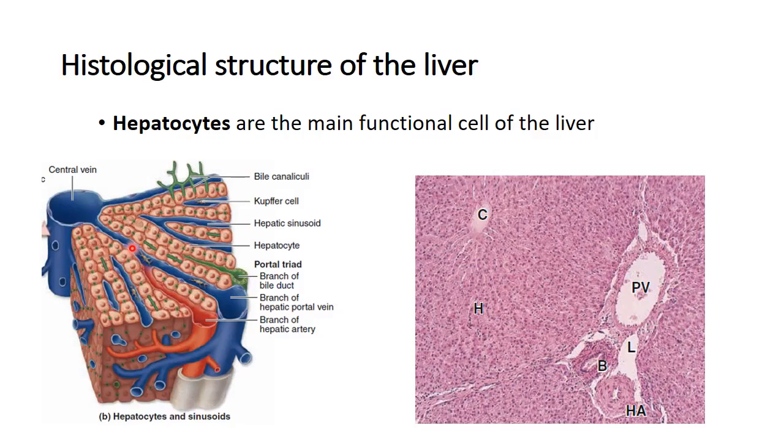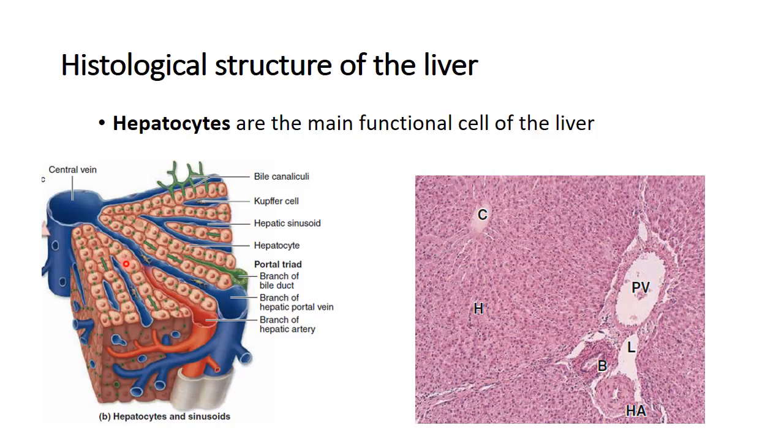If we describe the histological features of these cells, we can say that these cells are large polygonal cells with a centrally located nucleus and eosinophilic cytoplasm due to the presence of a large number of mitochondria, and we can say that these cells are highly active. They are very active cells metabolically.